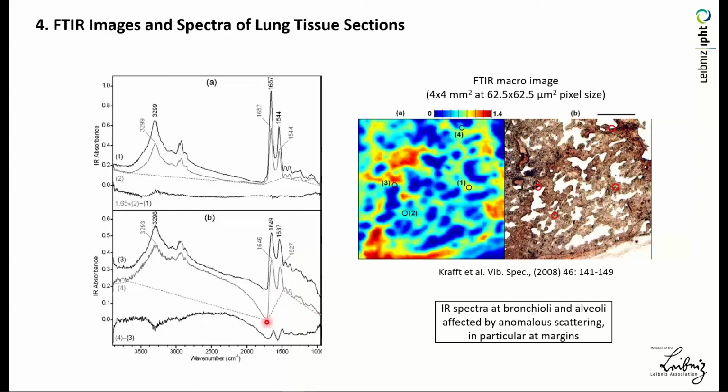The baseline correction might correct the background, but it's more difficult to correct the shift of the band. So instead of the expected position of the amide I band at 1657, the amide I band at these positions is shifted to 1649 or 1646.